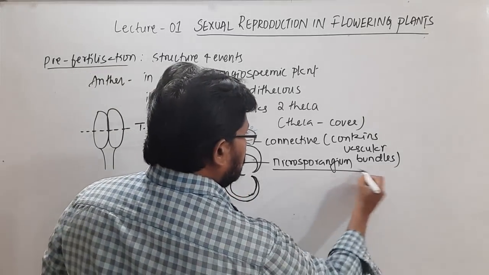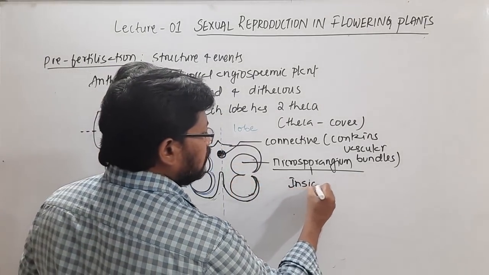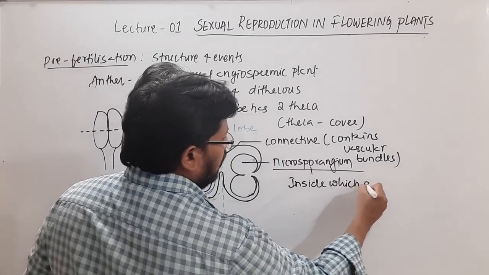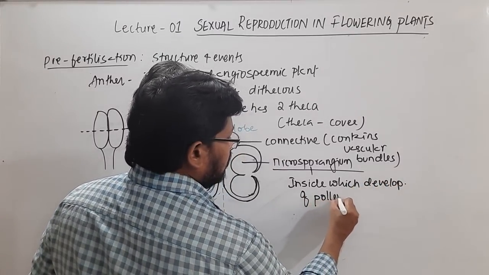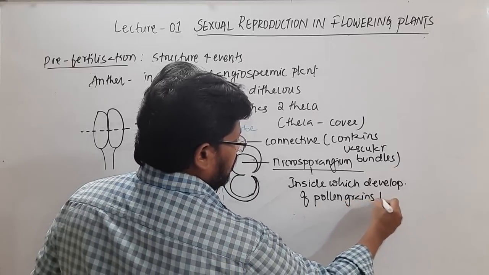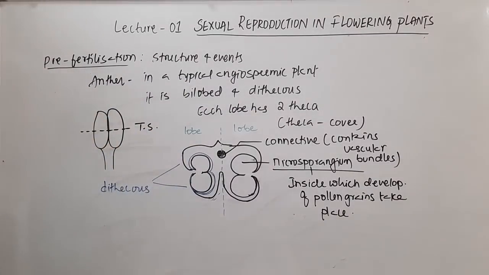So microsporangium is a part of the anther inside which development of pollen grains takes place.